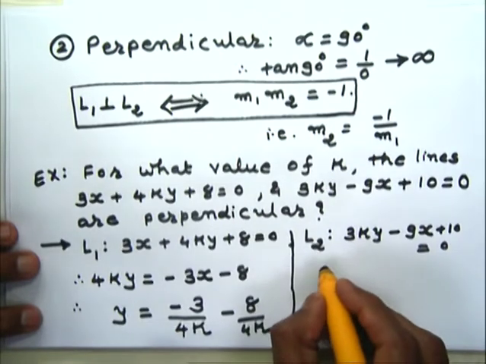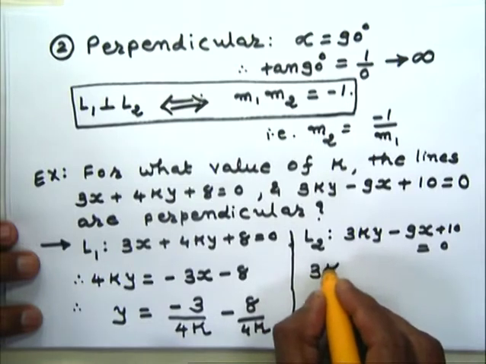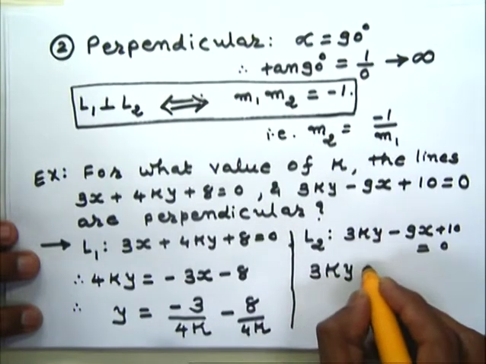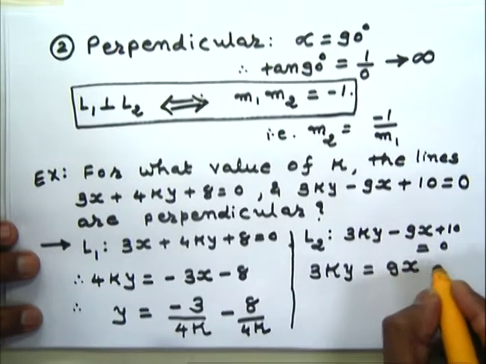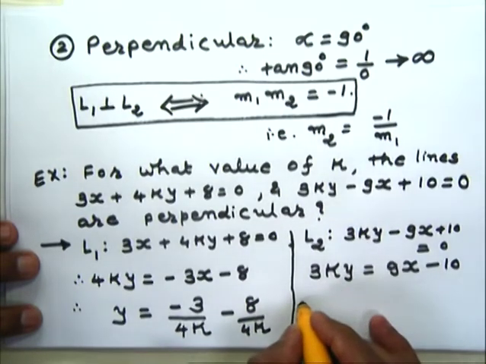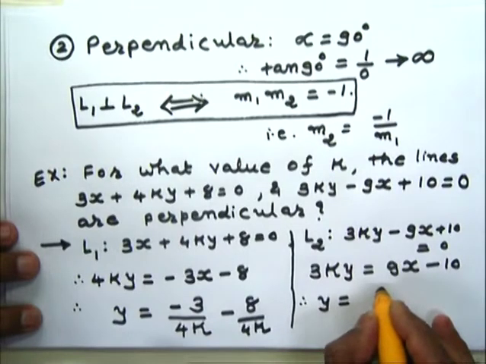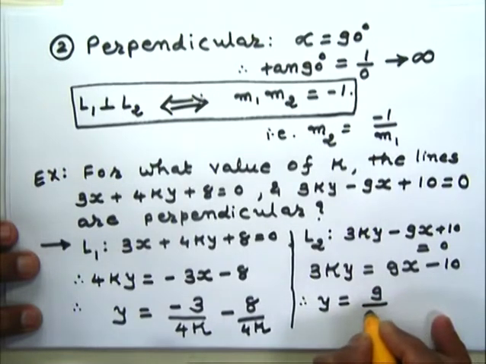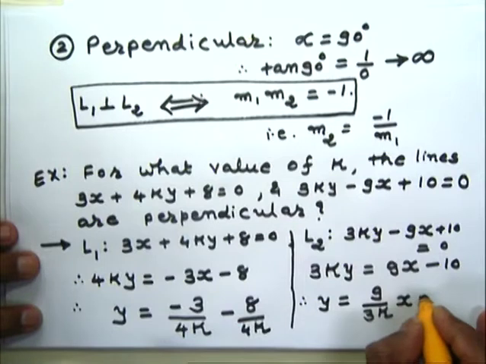Second line, it is 3ky equal to 9x minus 10, y equal to 9 by 3k x minus 10 by 3k.